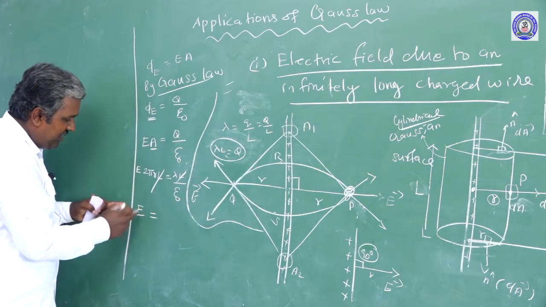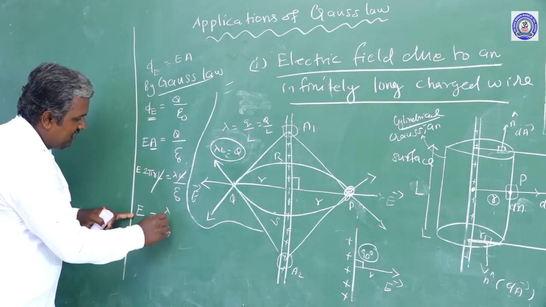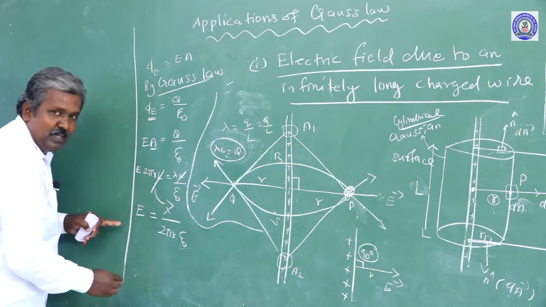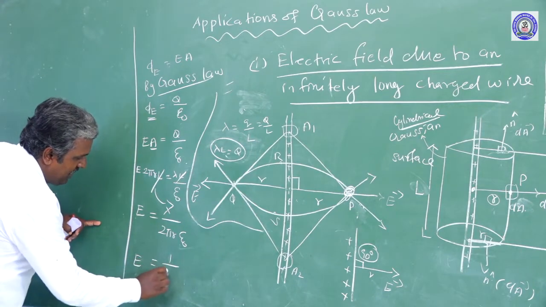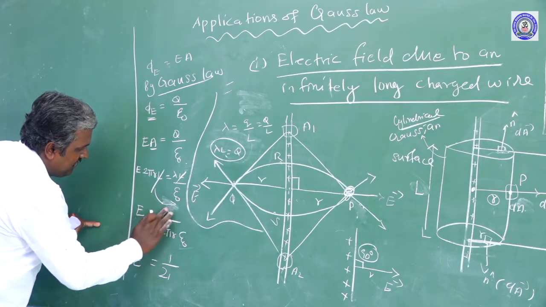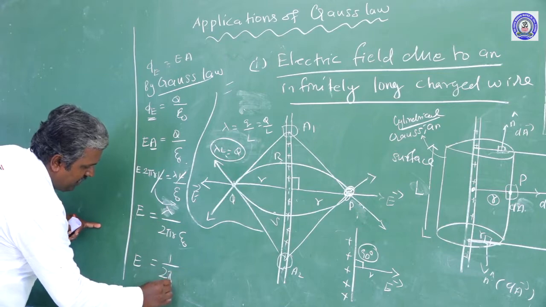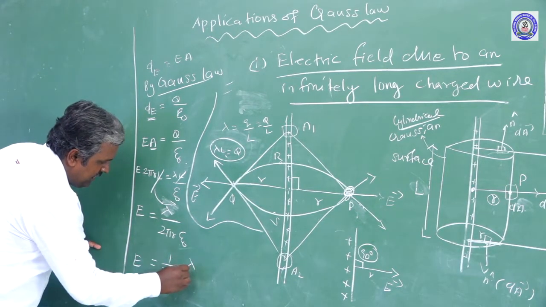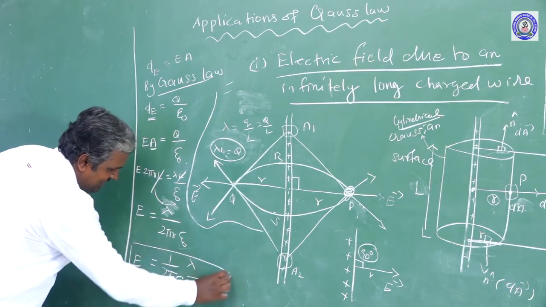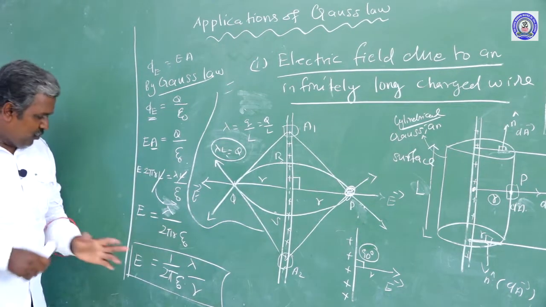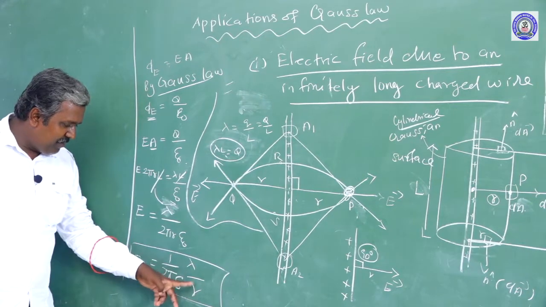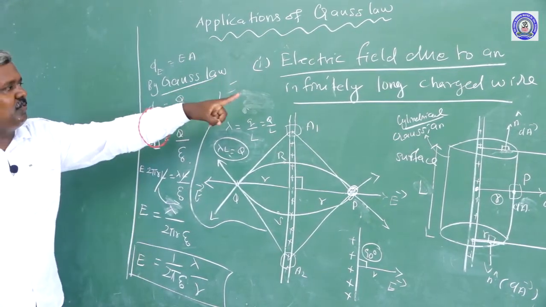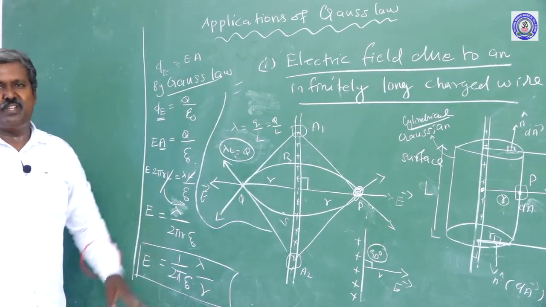So here we want to calculate E, the electric field, which is equal to lambda by 2 pi r epsilon naught, or E is equal to 1 by 2 pi epsilon naught into lambda by r. This is the electric field due to an infinitely long straight charged wire.